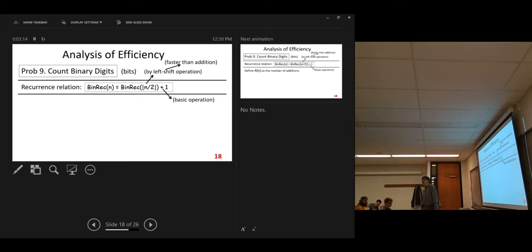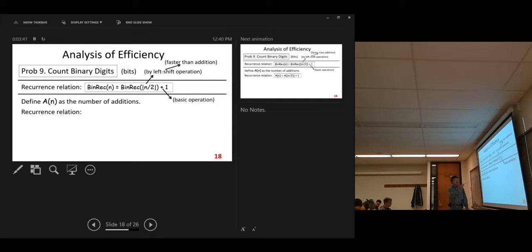Now, we need to count the number of additions when we solve this recurrence relation. We define a new function, A of n, as the number of additions.